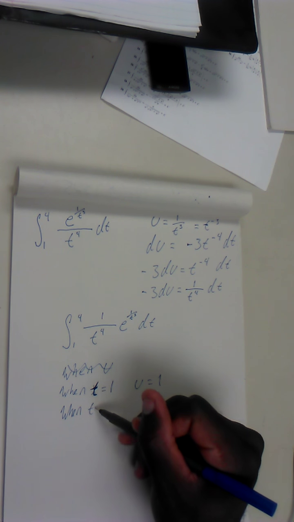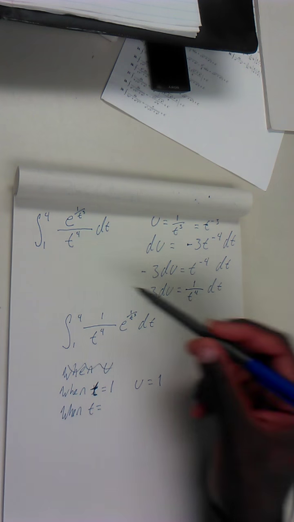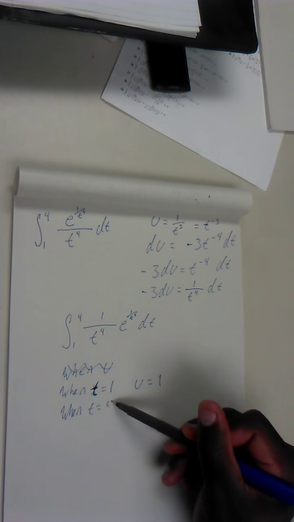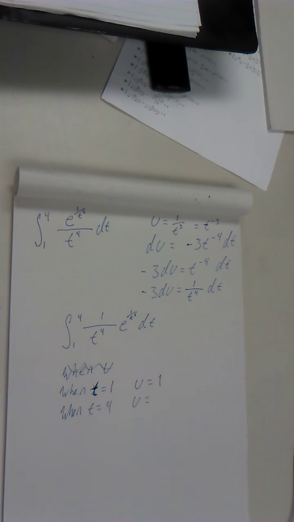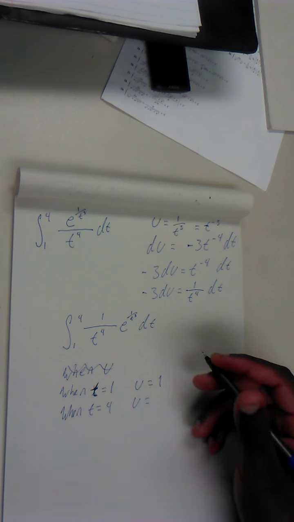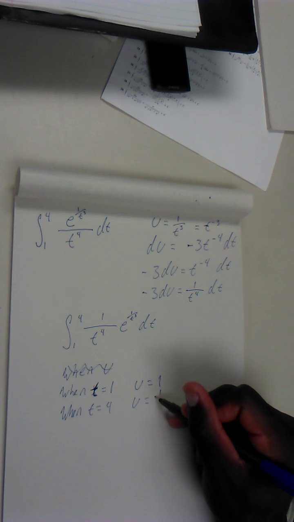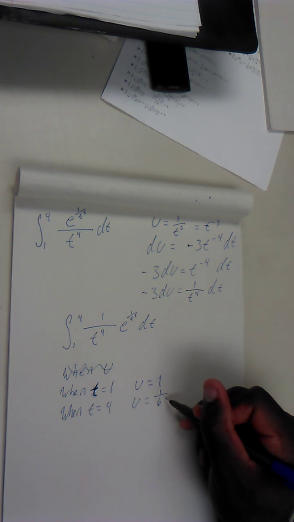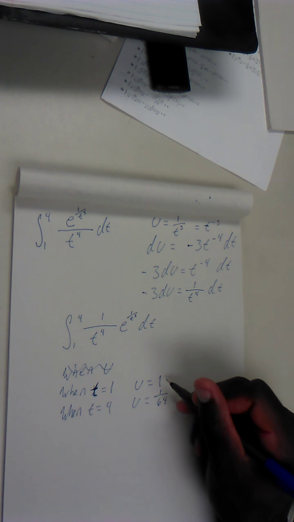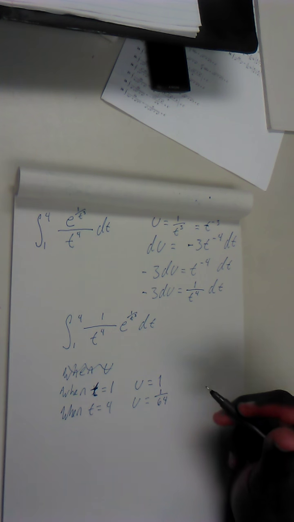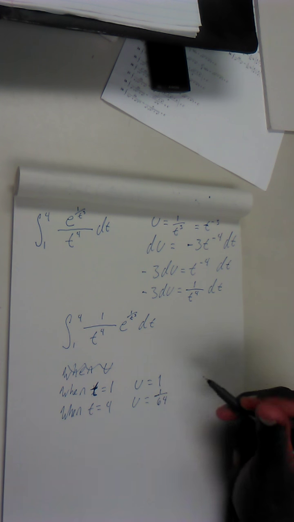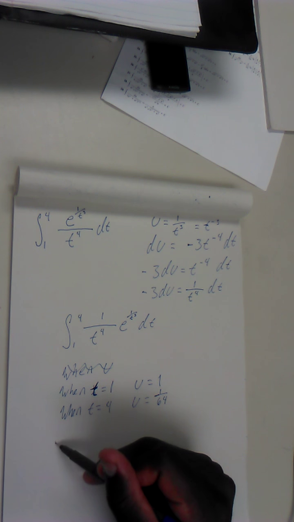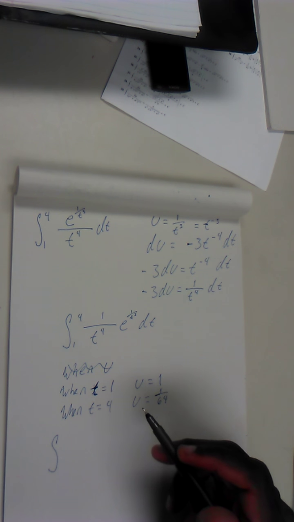So when t equals 4 up here, u is equal to in this case 1 over 64, right? So now we got our limits in terms of u.